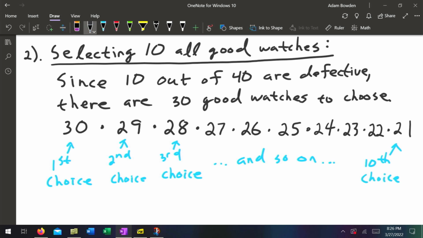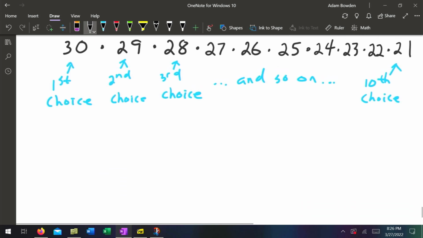Okay, so what we're about to do now is come up with a probability. The probability of selecting 10 good watches.